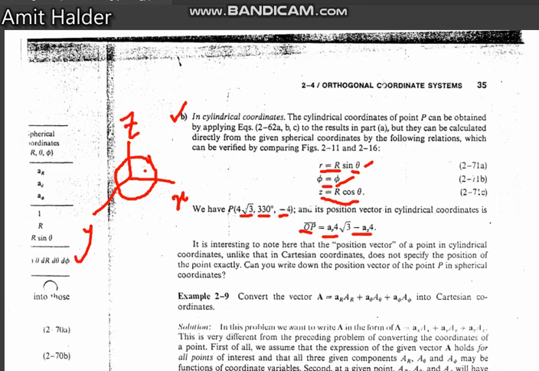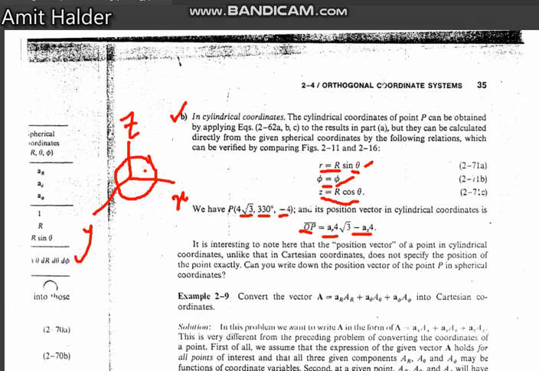And if it is the point, the vector OP is the position vector. For this position vector, you can find it out like this. So that will be OP, where AR is the unit vector through R, phi is for A phi, and z is for AZ. So that is the position vector representation.